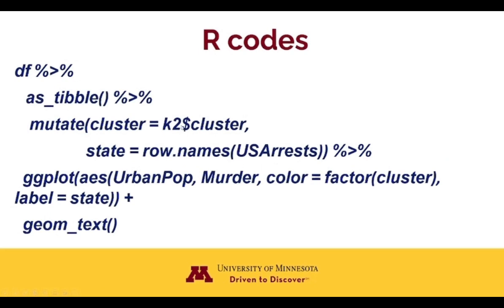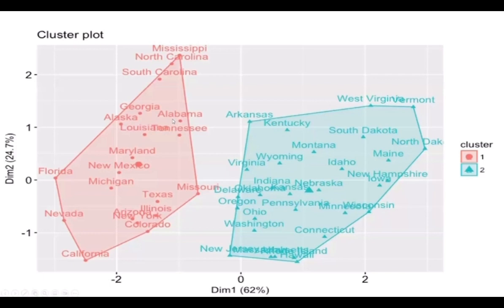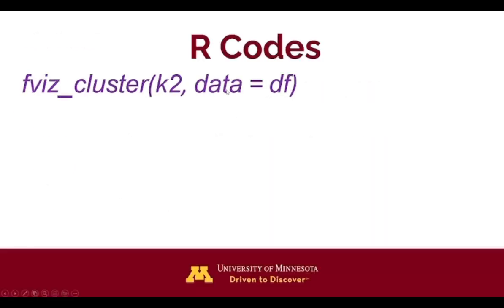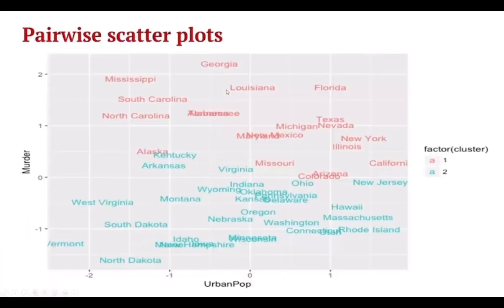Now I want to base it on just two clusters. Don't forget, I use K2. My K2 is when I'm considering my centers, having two centers. You get what I mean? So when I do that, this is what you're going to have. Take a look at that. This is what we call a pairwise scatter plot. So this is a pairwise scatter plot right now.